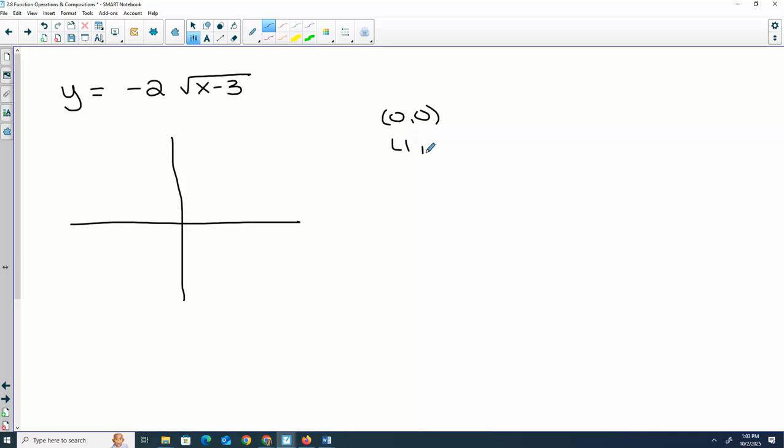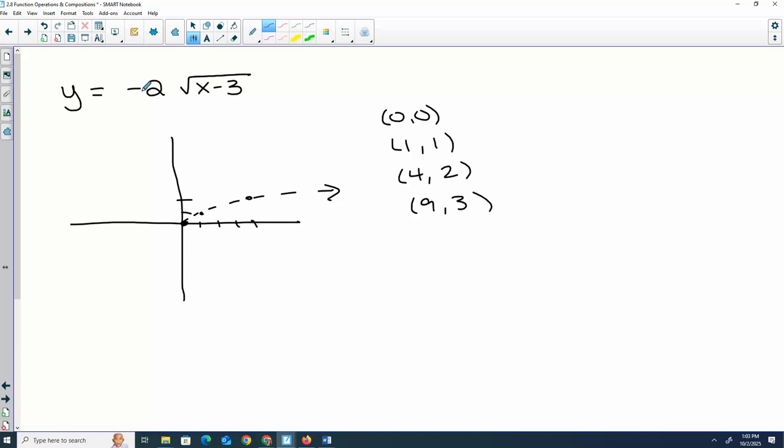Square root of 1, square root of 4, square root of 9. So you should be able to do at least 3. And your parent function, we always did dashed.